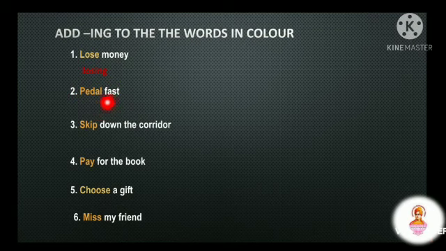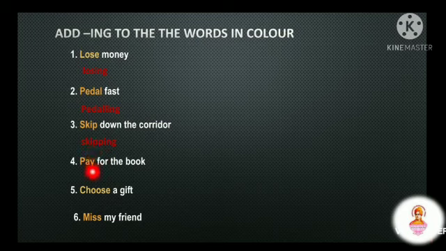See, the last letter is L. Before that you can see vowel A. So we are doubling the last letter and adding the ing. Next, skip. Skip ends with P and before that it is I vowel. So you have to double the P, skipping, and then add ing.